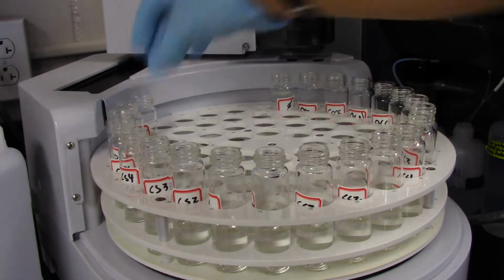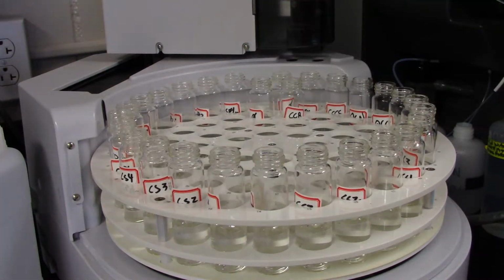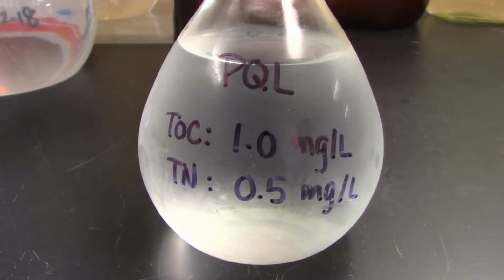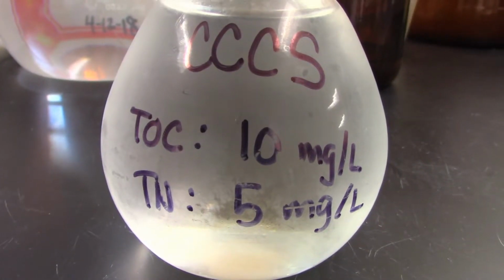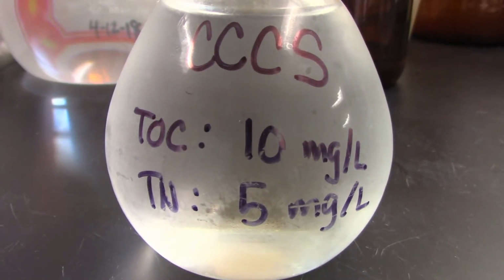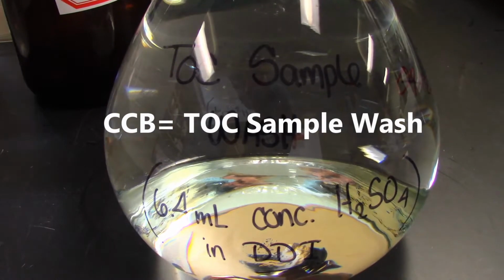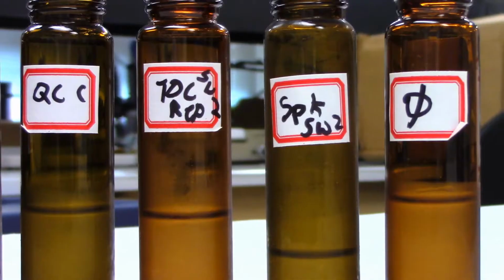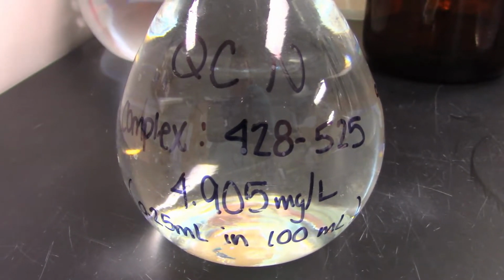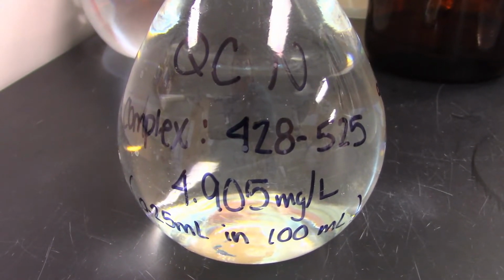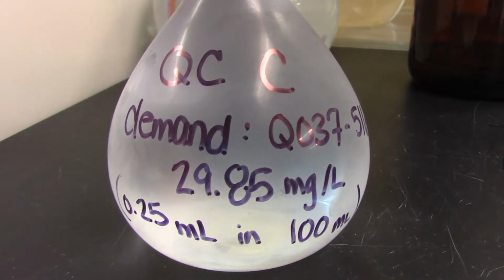These are a requirement of most instrument analyses, used to ensure accuracy and precision. These include practical quality limits, or PQLs, continuing calibration check standards, or CCCs, continuing calibration blanks, CCBs, replicates and spikes, as well as quality controls for both nitrogen and carbon, named QCN and QCC.